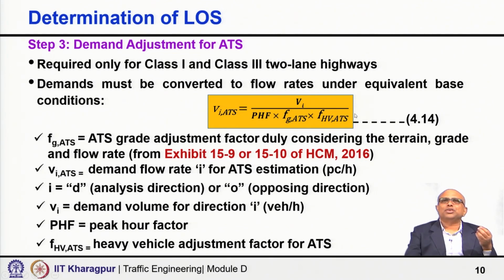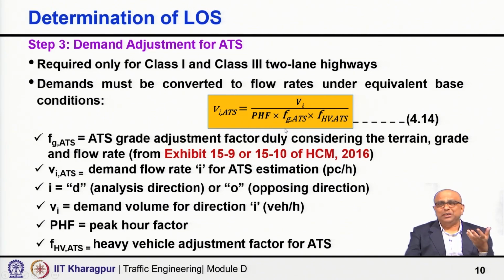And then one more adjustment factor is to consider the effect of heavy vehicles. Remember that I have written heavy vehicle adjustment factor for ATS demand flow rate; this is the adjustment for ATS estimation, because for PTTS estimation similar corrections need to be done.